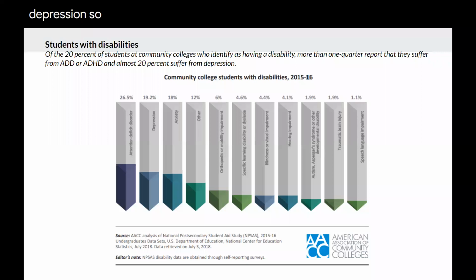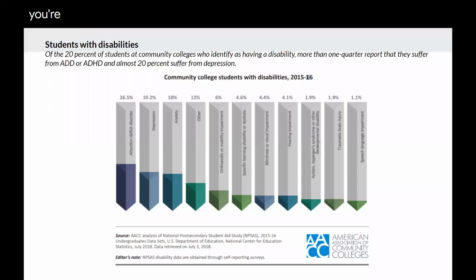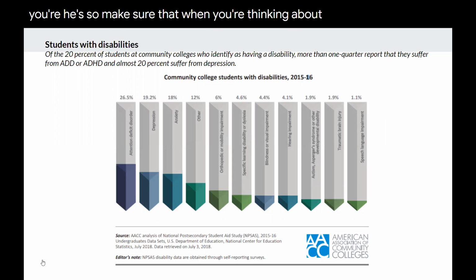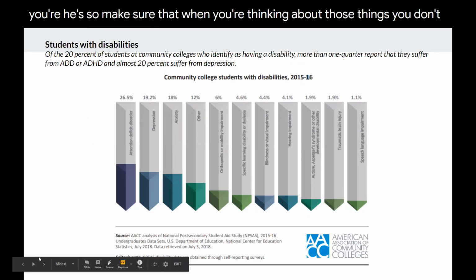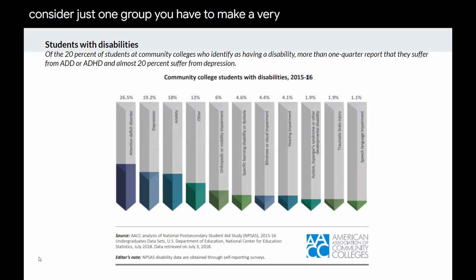So when you're thinking about accommodations and accessibility, you're thinking about many, many different things. Make sure that you don't consider just one group. You have to have a big picture of what is going on.